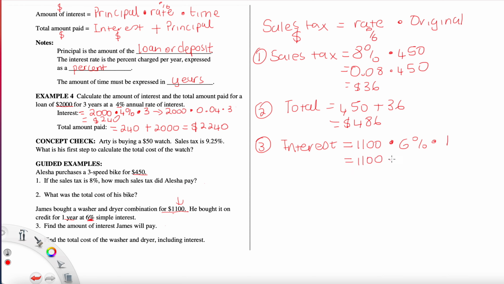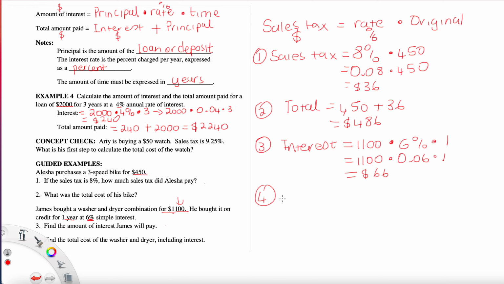Now we will convert the percent into a decimal. 6 divided by 100, which is 0.06, and then multiply 1100 times 0.06 times 1, and you will get $66. So in borrowing that washer combo, you will pay $66 interest.